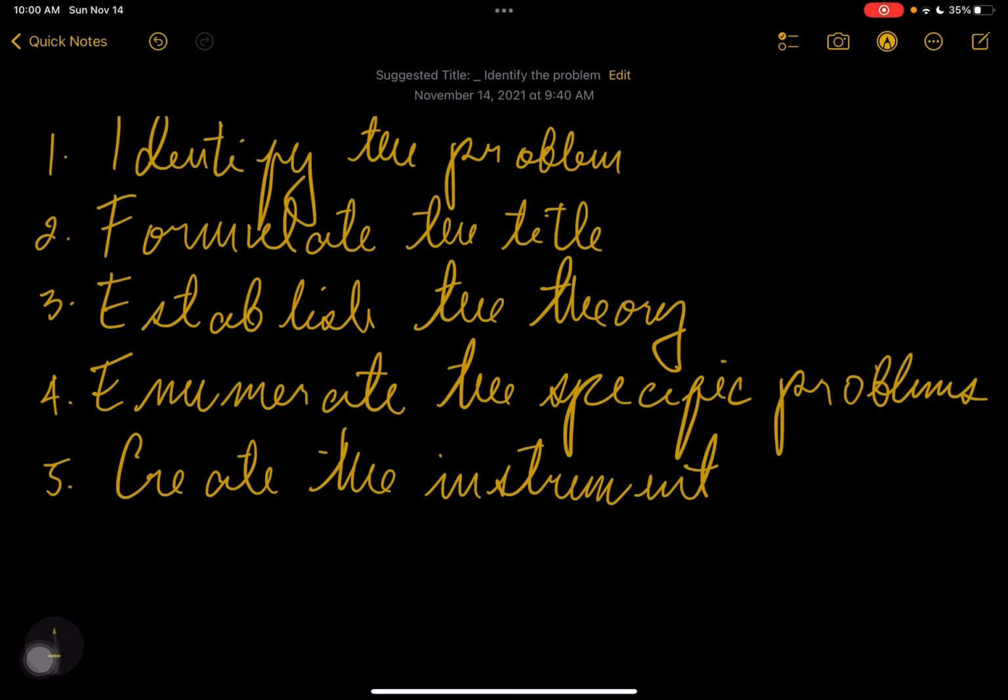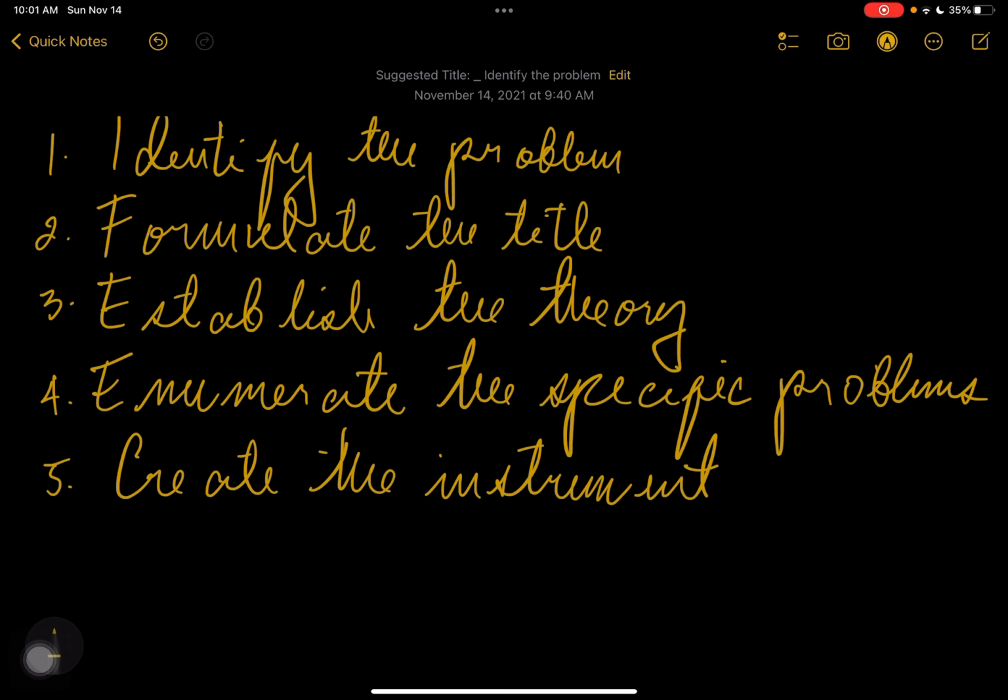So by looking at theories together with literature and studies, you would be able to establish if there is an existing research gap in the study that you are conducting. So this is the role of establishing the theory for your research.